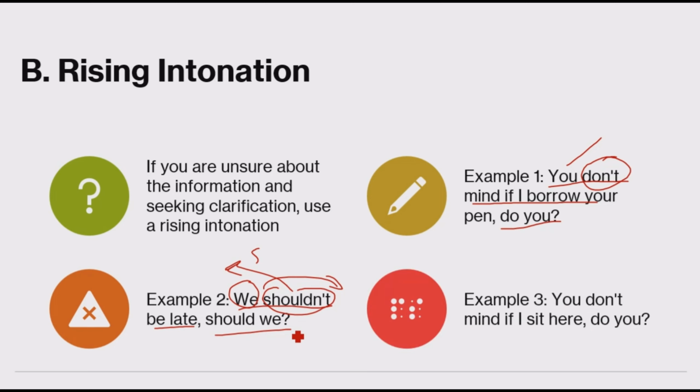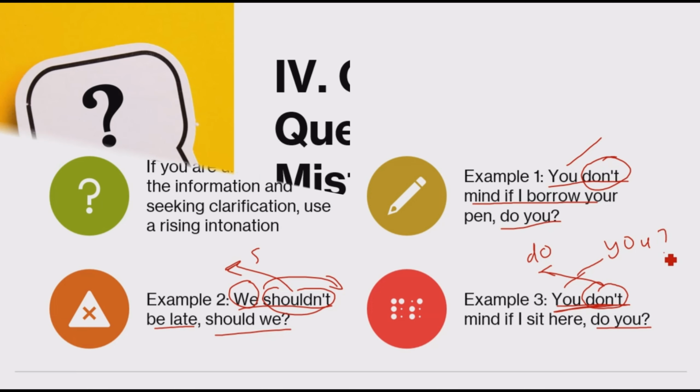Then example 3, you don't mind if I sit here. Again, you is a subject. Then don't is negative. So don't is turned into positive. So it becomes do. Then this becomes you. Hence we are saying do you? That becomes the questioning tag.